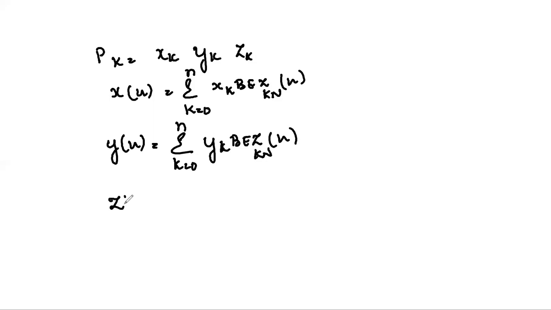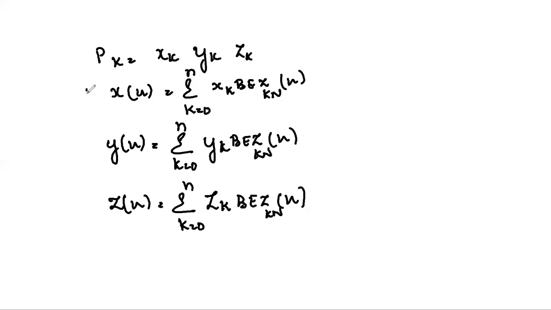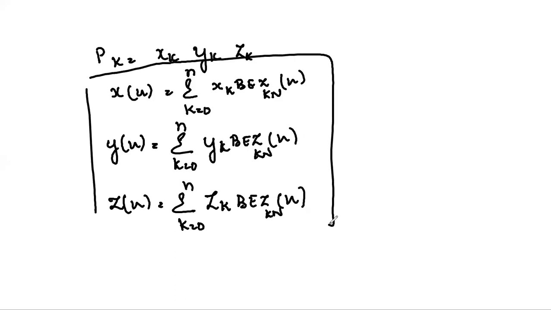Similarly, z of u is equal to the summation of k equal to 0 to n of zk BEZ kn of u. So you're going to write it in terms of 3 coordinate values. One more important set of equations for us.